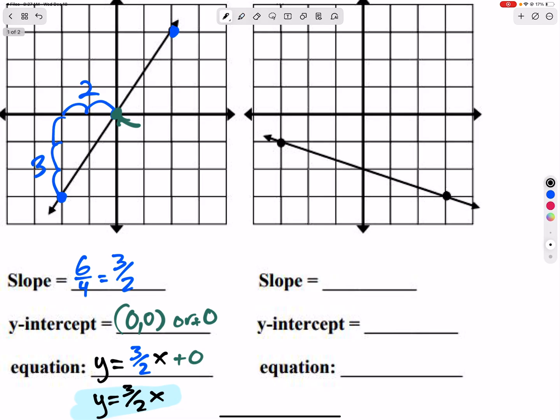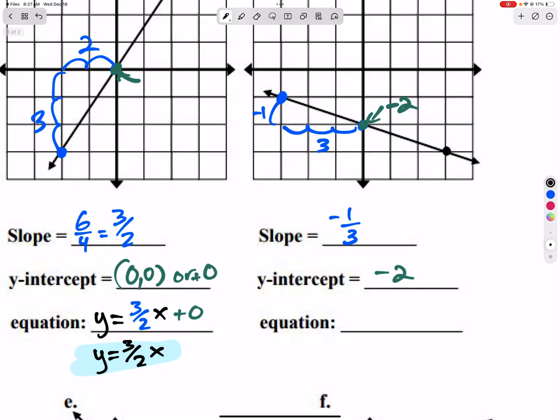That's pretty. Okay. Let's speed it up a little bit. All right. So I see this dot's here. If I follow it, I see one right there. So I'm going down 1, to the right 1, 2, 3. So my slope is -1/3. Okay. My y-intercept is right at -2. I have -2 there.